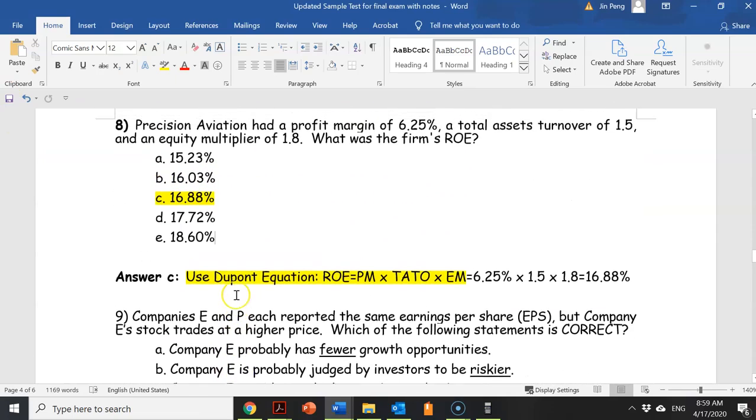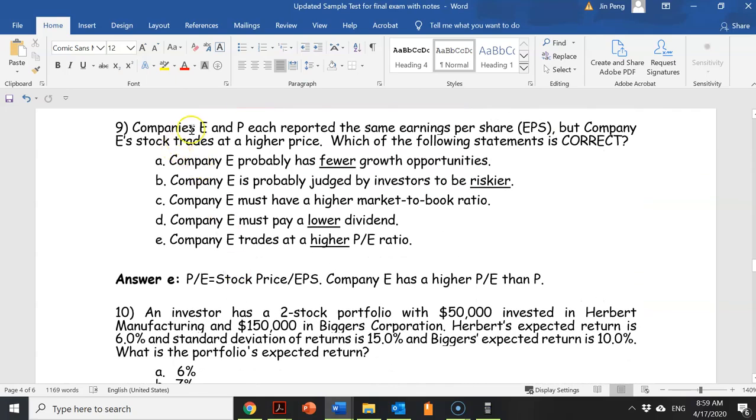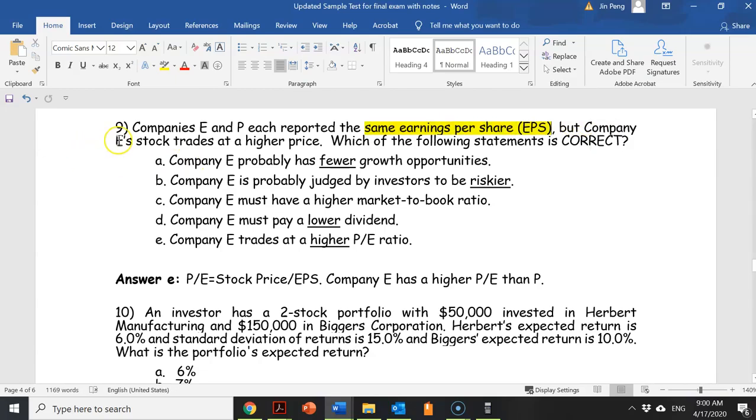Question 9. Company E and P each reported the same earnings per share, EPS, but Company E's stock trades at a higher price. Which of the following statements is correct? Okay, so we know the two firms have the same EPS, but E's stock trades at a higher price.